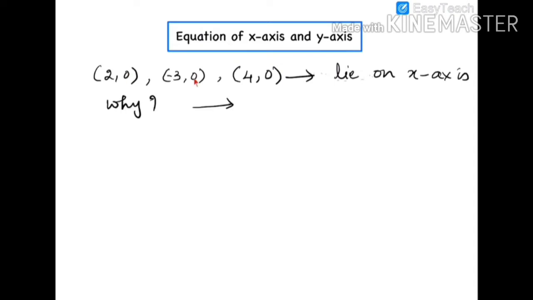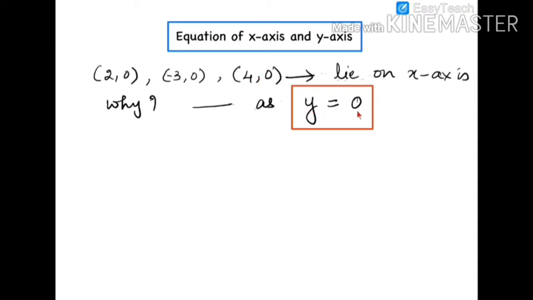Notice that the y-coordinate of all of these points is 0. So we can say that these points lie on the x-axis as y equal to 0. Observe that y equal to 0 is an equation which will be satisfied by all these points.